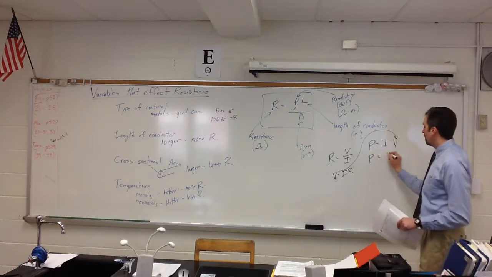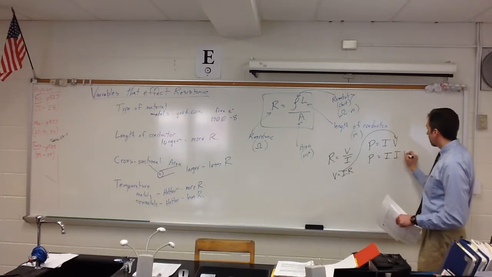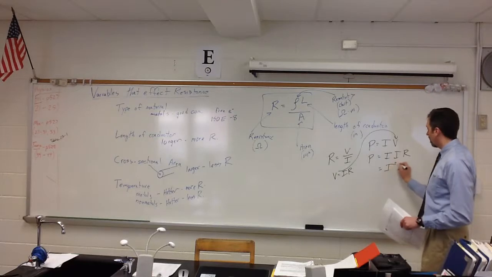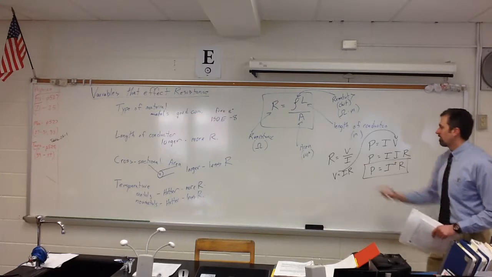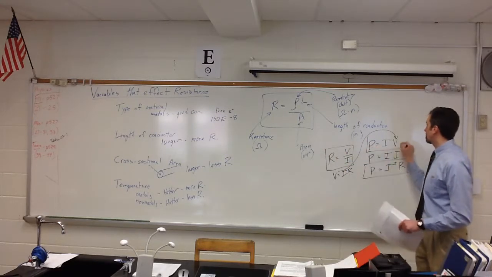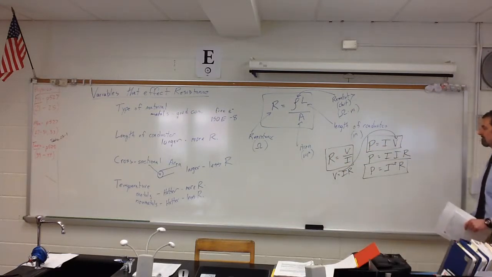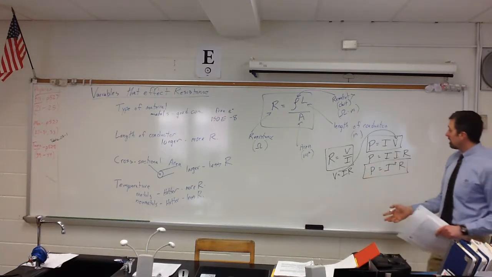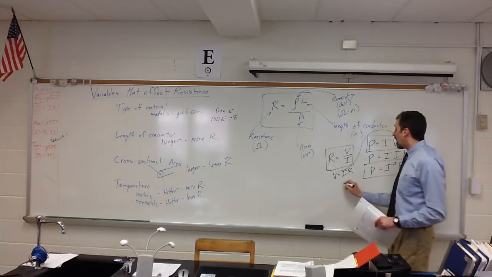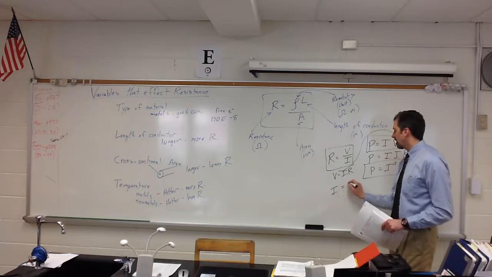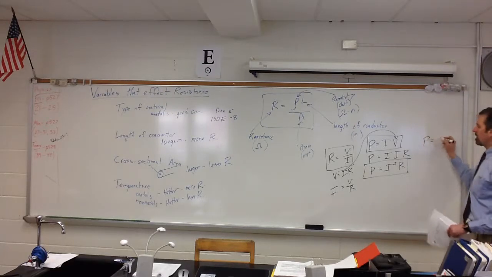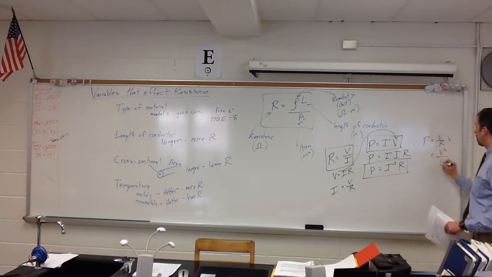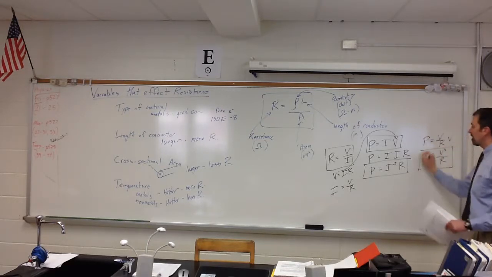Well, I would get power is I times R, or I squared R. And that would be a new reference table equation. Remember, these are also reference table equations. And in fact, I could rearrange again for I. So I could say I is V over R and plug it in here. So I could get power is V over R times V, which would be V squared over R. Another reference table equation.